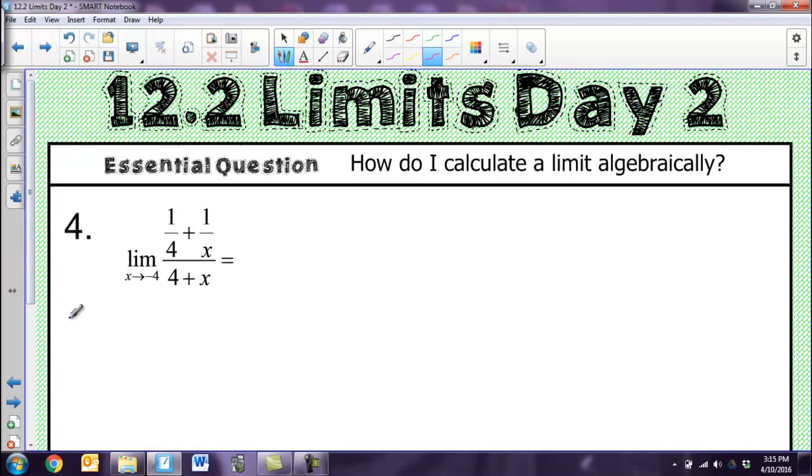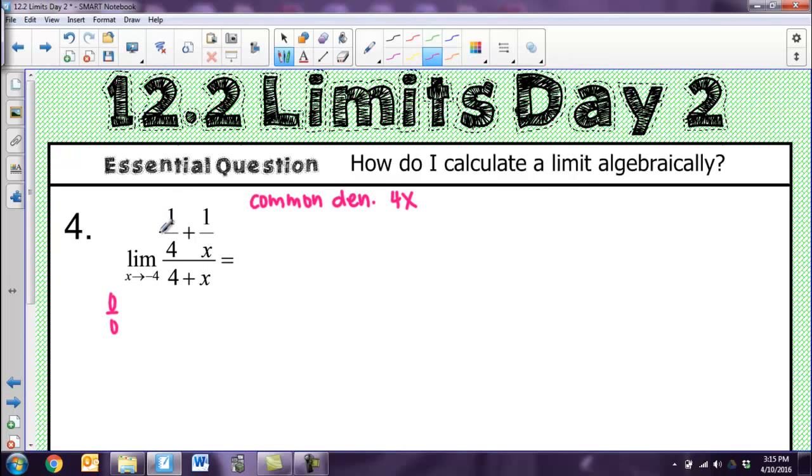Now, something like this looks a little more scary. And again, if I tried to plug in this number from the start, I would have 0 over 0, and I would be very sad. So I'm going to go ahead and try to find a common denominator in the top so I can make one big, giant, ugly fraction. So my common denominator would be just these two things multiplied together, or 4x.